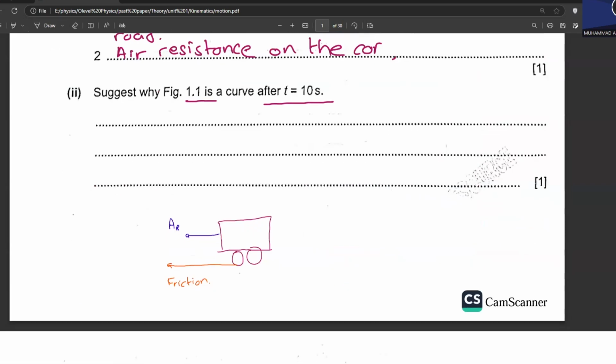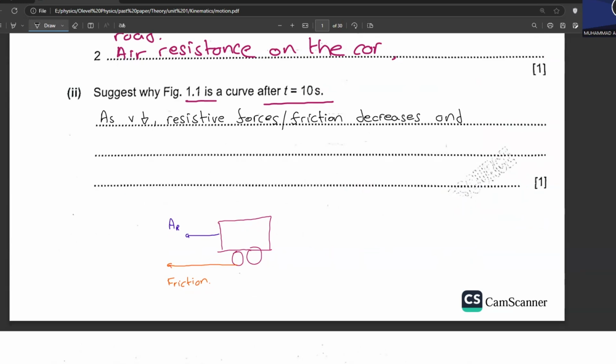Now, you have to suggest why figure 1.1 is curved after 10 seconds. So, what will you say? You will say, as speed or velocity decreases, resistive forces or friction decreases.